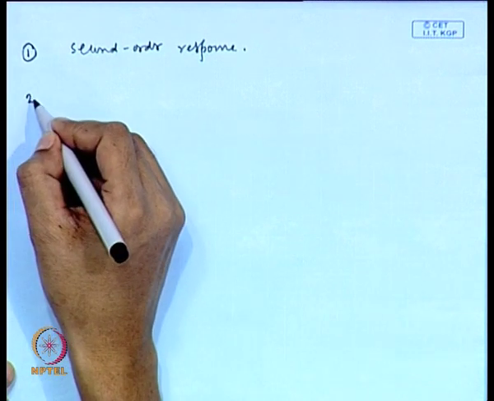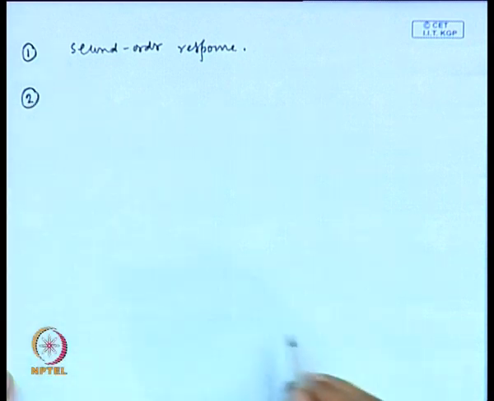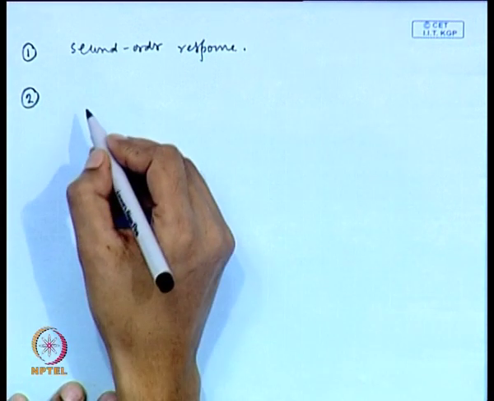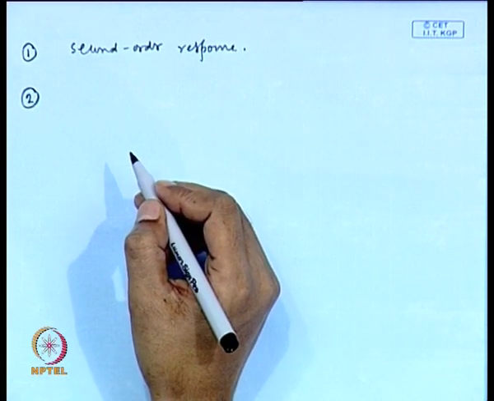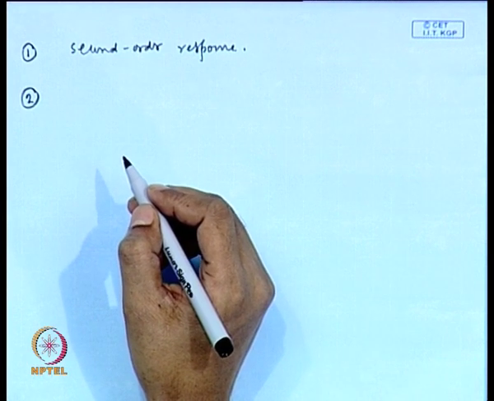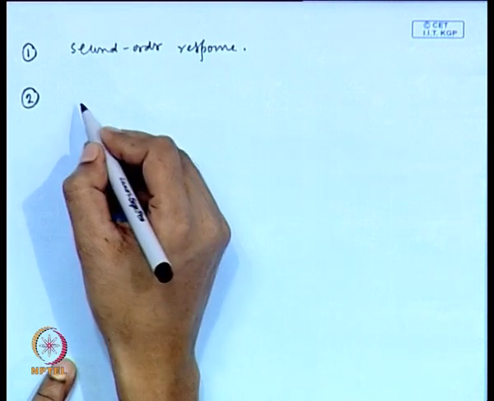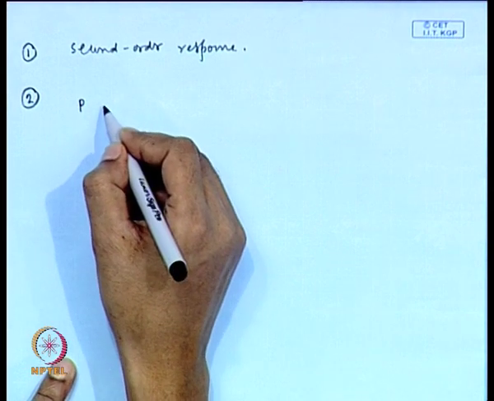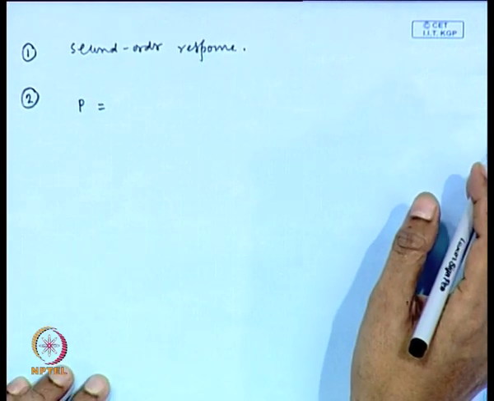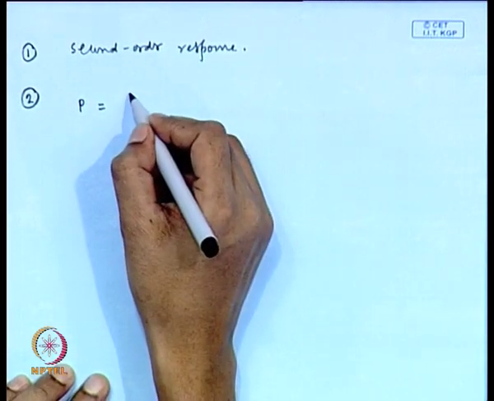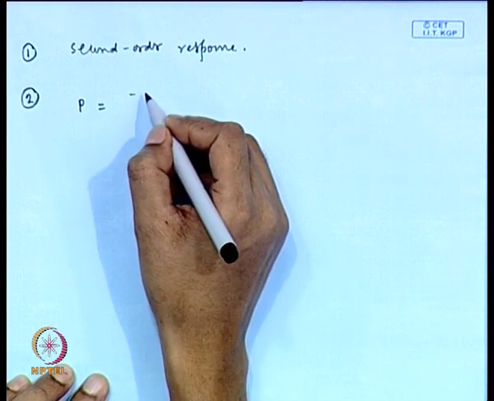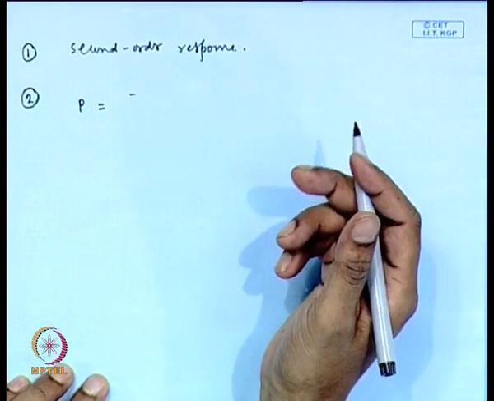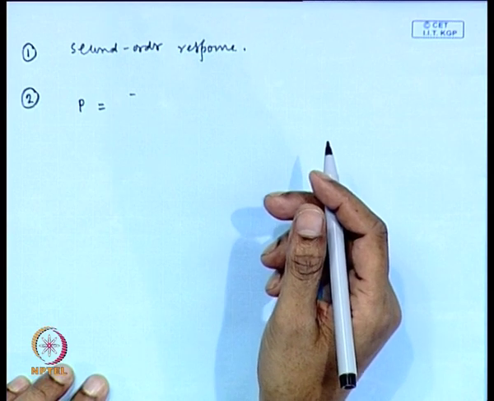Second conclusion, in the second conclusion, we wish to first find the roots. What are the roots? There are two roots, because if you see the denominator, that is a second order polynomial, that is a quadratic, given in quadratic form.